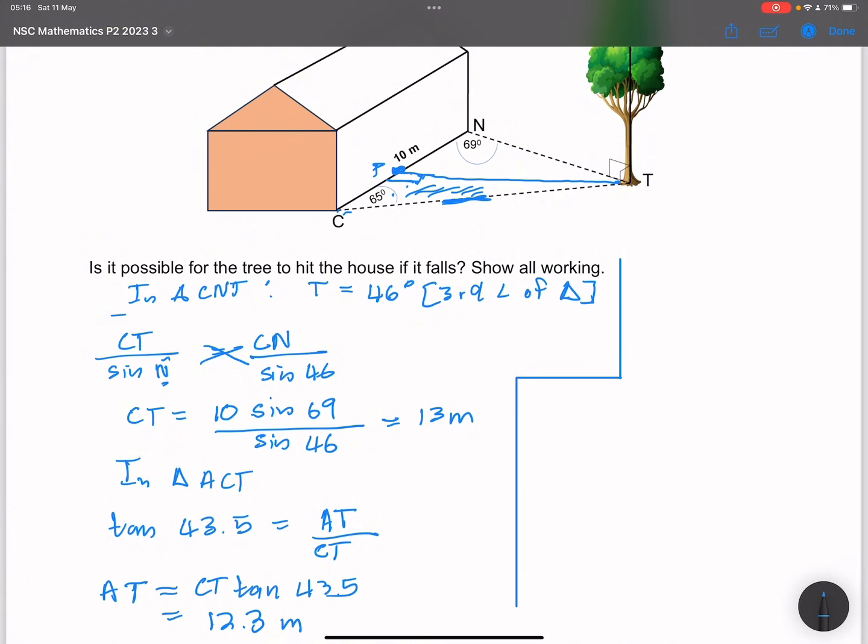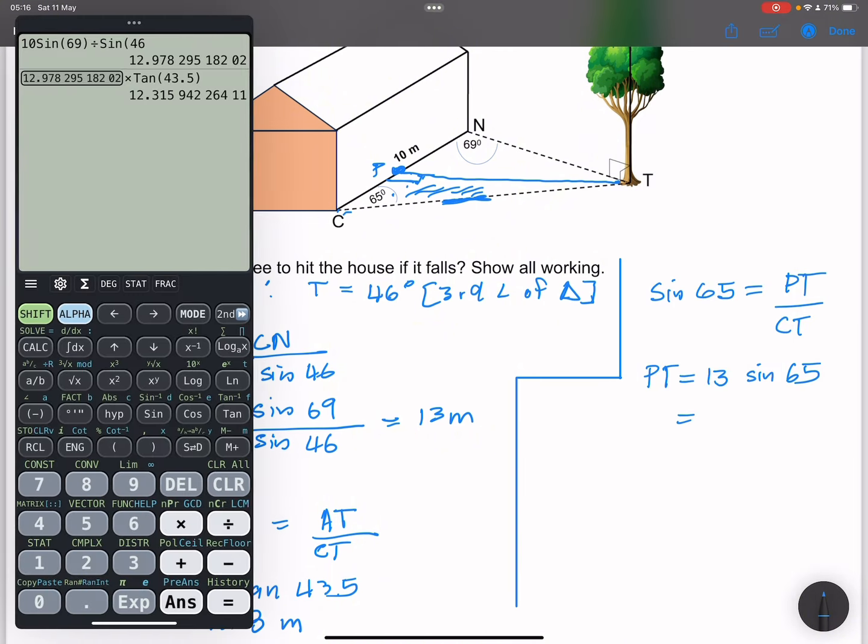So sine of 65 would be equal to that side PT, which is the height, divided by the hypotenuse, which is CT. So side PT would simply be 13 times the sine of 65. That would be the shortest distance from the tree.